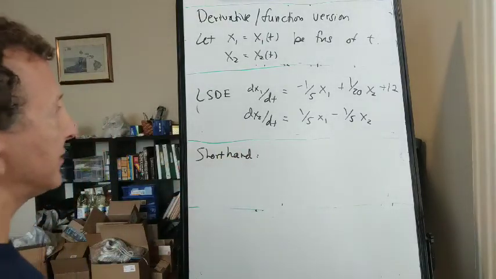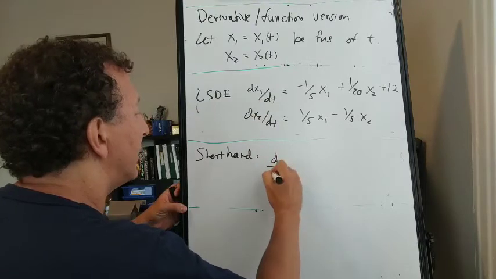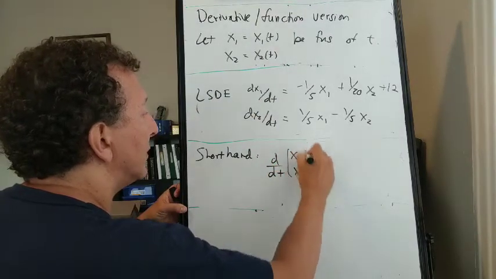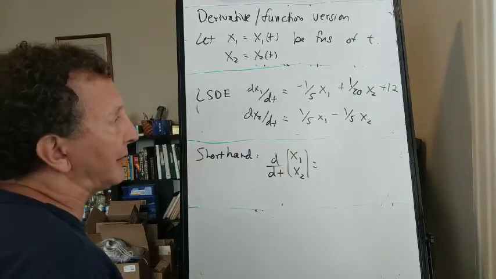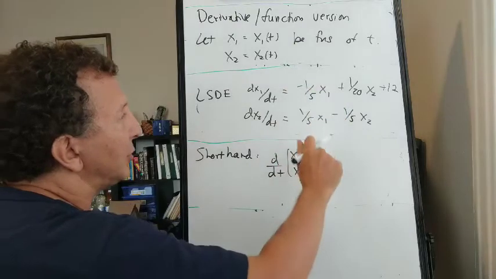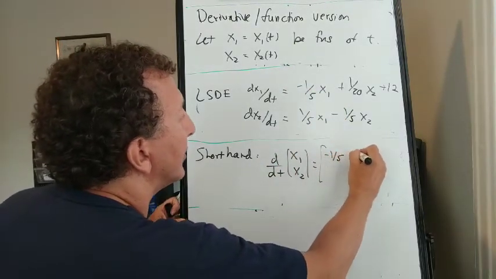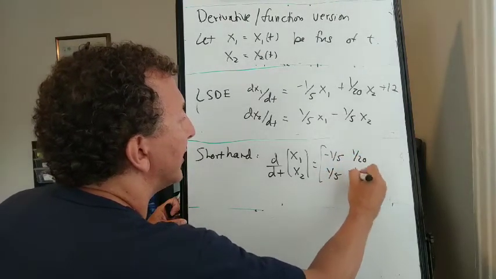The shorthand for this is, on the left hand side we can think of this as a vector d dt of x1 x2, and then multiplying a vector of functions x1 x2 we have the matrix negative 1/5, 1/20, 1/5, negative 1/5.